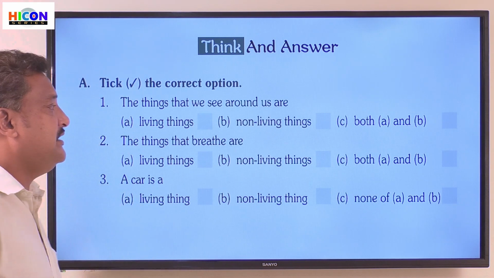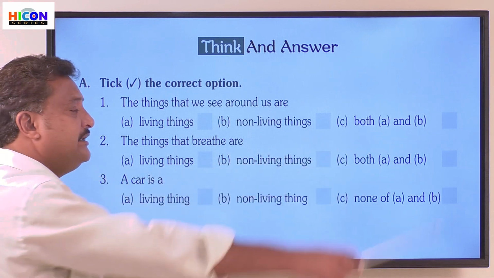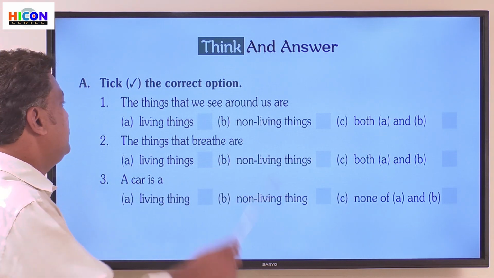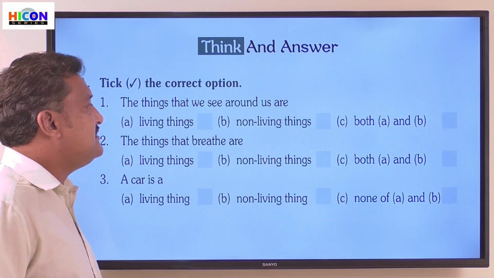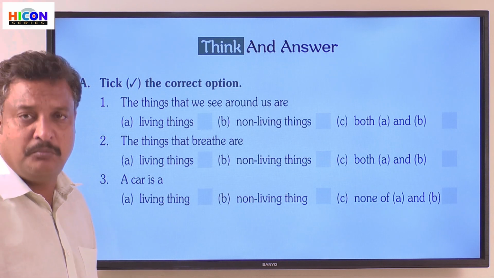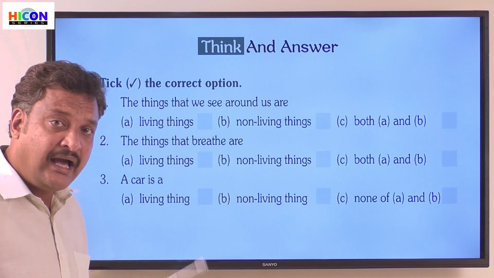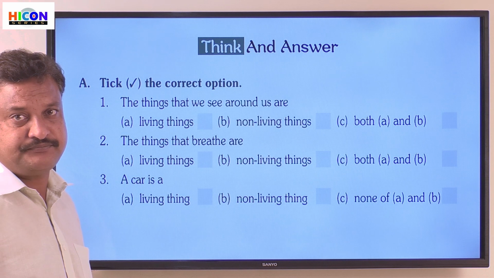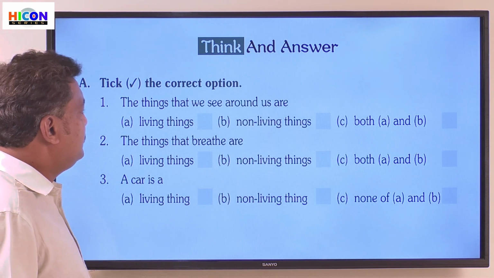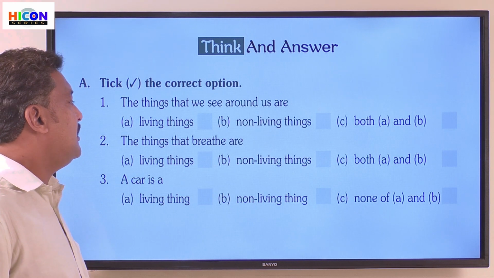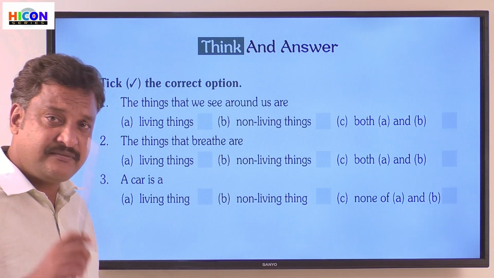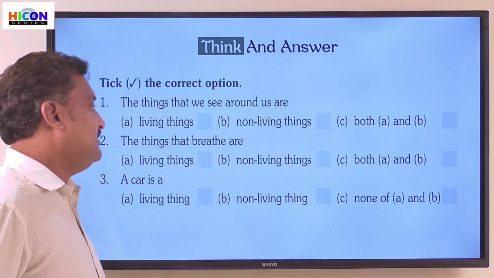So, what is the right answer here? Both A and B. Means what? Yeah, the things that we see around us are both living things and non-living things. Okay? So the things that we see around us are both living things and non-living things.